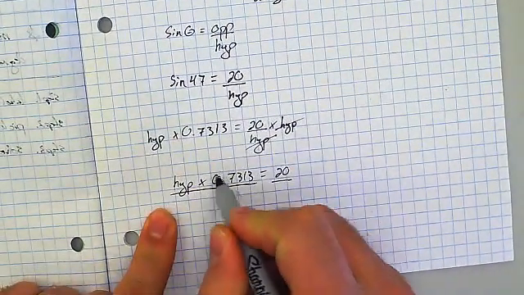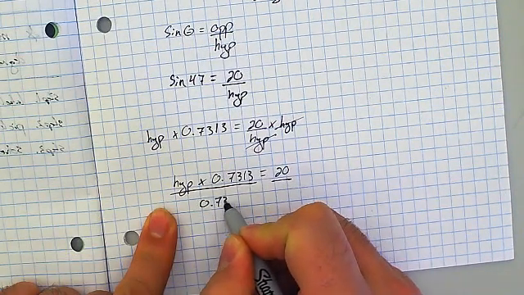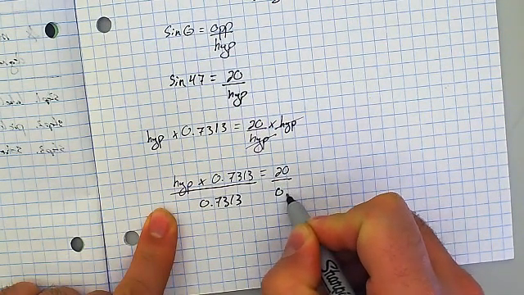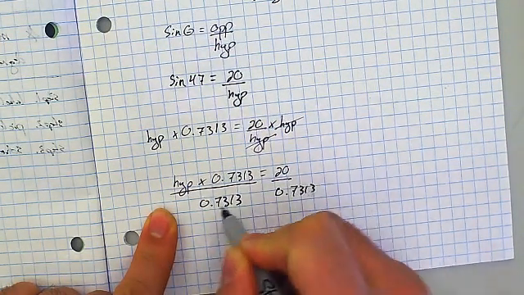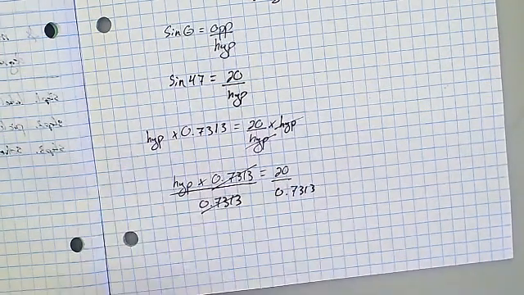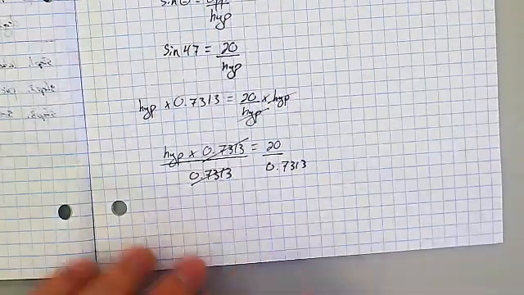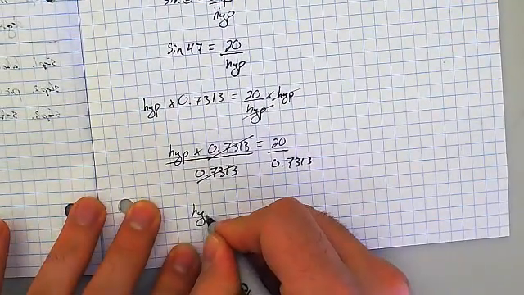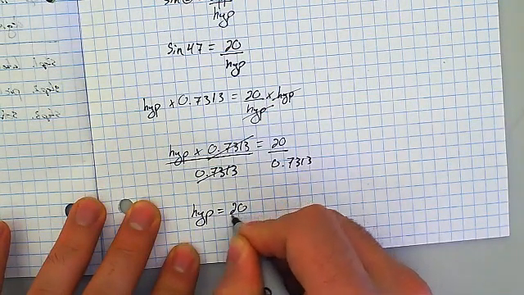This is still not by itself, so now I'm going to divide both sides by 0.7313 in order to isolate and get the hypotenuse by itself.